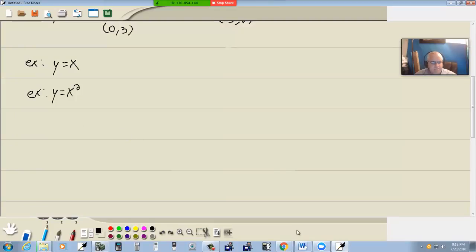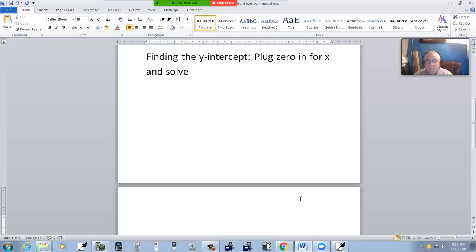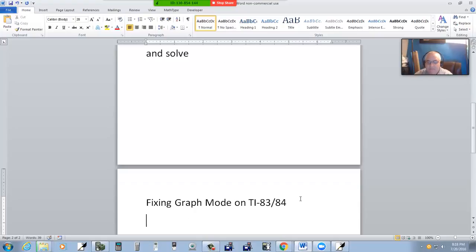Now, I'm going to give you the steps for fixing your graphing calculator. At some point, if you're using a TI-83, TI-84, you'll mess up the graph mode. So fixing graph mode on the TI-83-84. Step 1. We want to unhighlight Plot 1, Plot 2, and Plot 3.